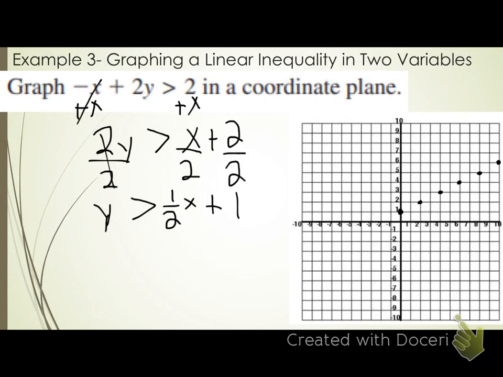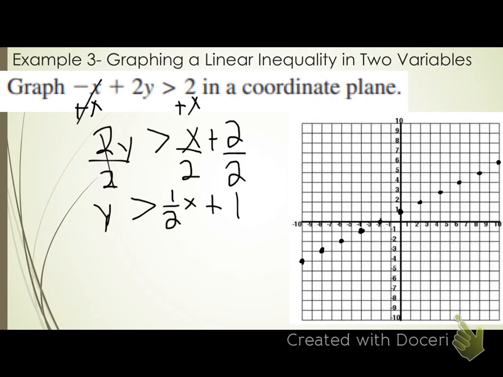I can change the sign of both of them and go down 1, left 2. So there's the guide for my boundary line.